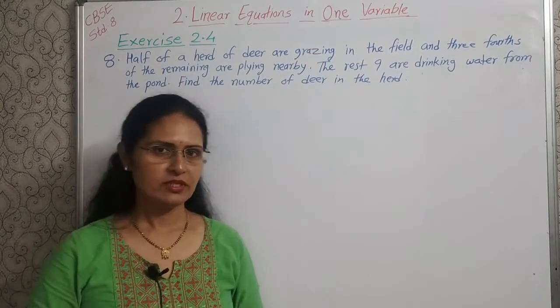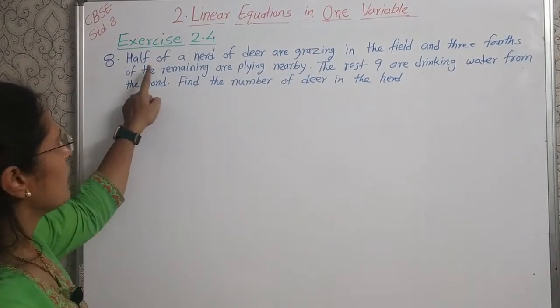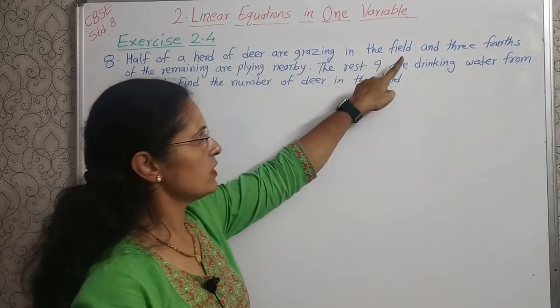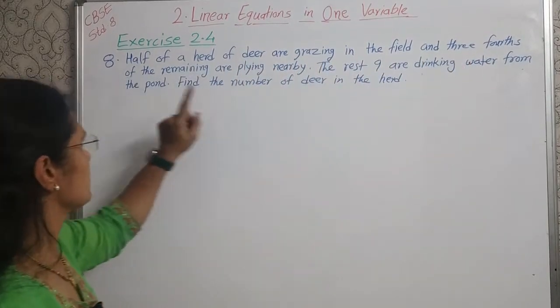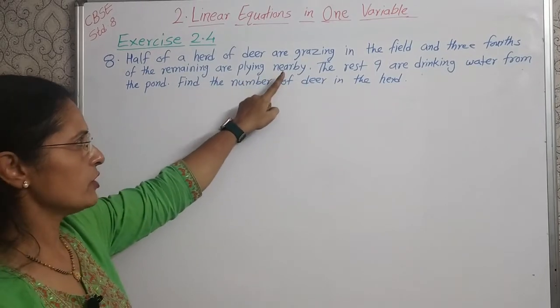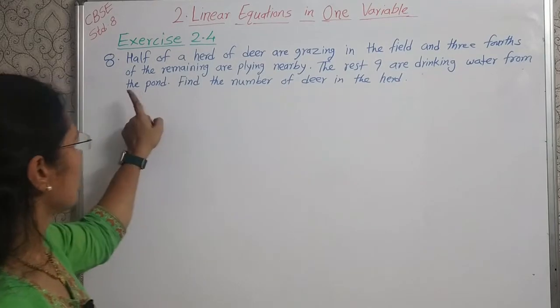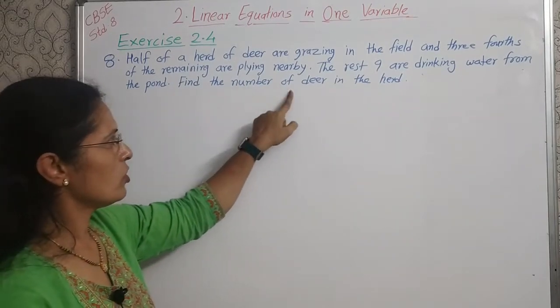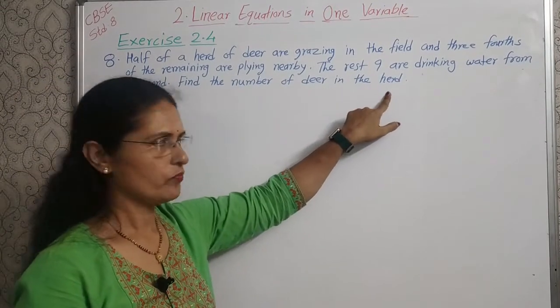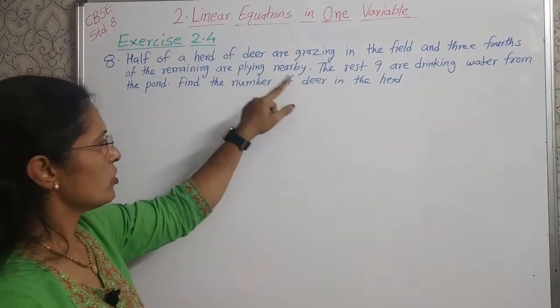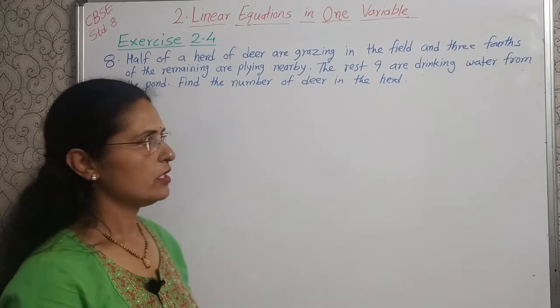Next, sum number 8. Half of a herd of deer are grazing in the field and 3/4 of the remaining are playing nearby. The rest 9 are drinking water from the pond. Find the number of deer in the herd. So let us assume that the number of deer in the herd is x.